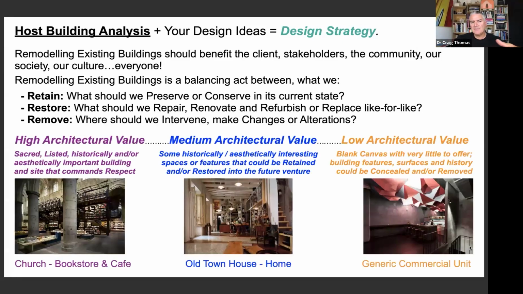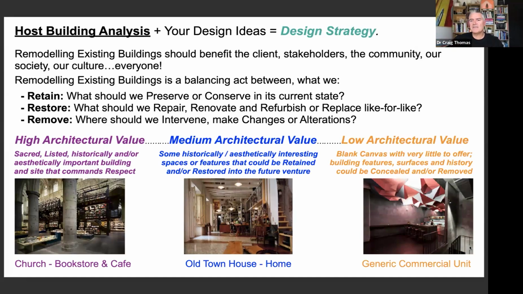So we've mapped this thing out on a kind of spectrum. On the left-hand side here, there's the high value architecture, things like churches, sacred listed buildings, things that are historically or aesthetically important and demand respect.